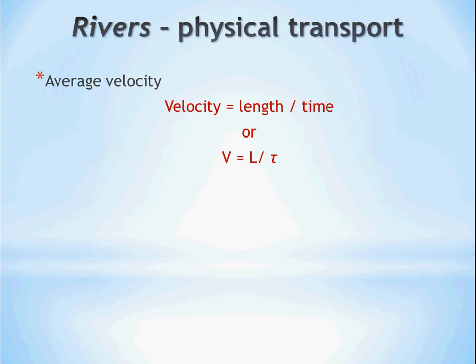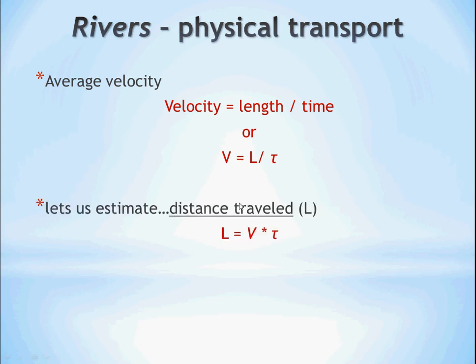Okay, so velocity, again, you're used to thinking about it. It's just length per time. So in symbols, that's v for velocity equals length divided by time. And this t looks a little bit funny. I'm keeping the same notation as in the book, and the t looks funny because they use it to stand for travel time, which you'll see here in just a minute.